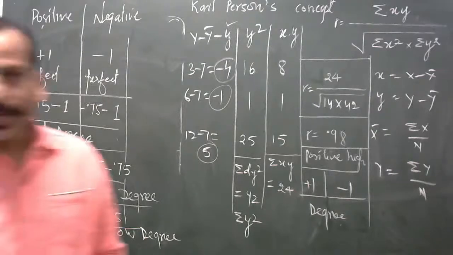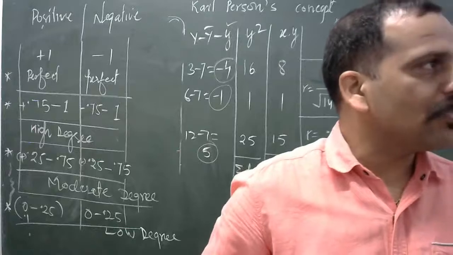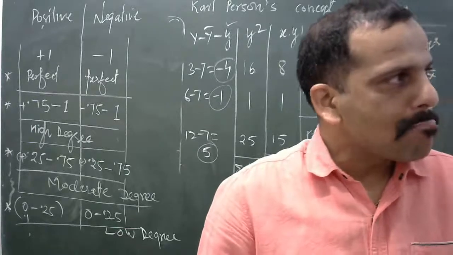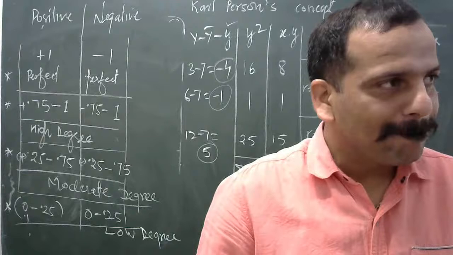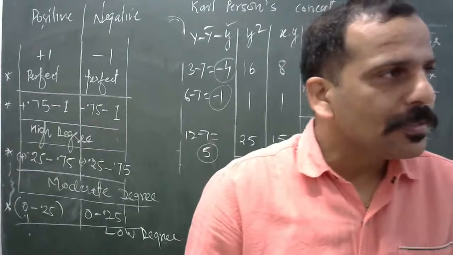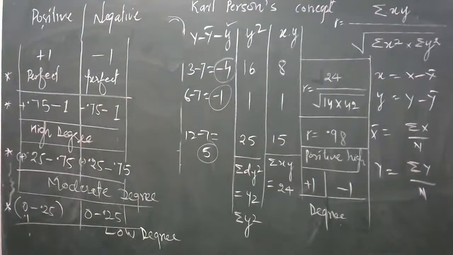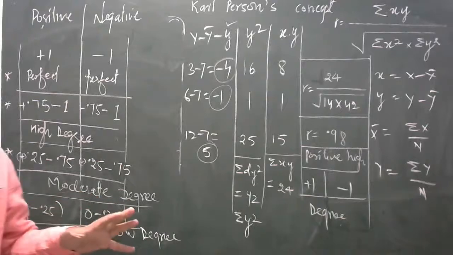Now, next shortcut method: calculation of correlation by shortcut method. How is it done? Now I am giving you one option.